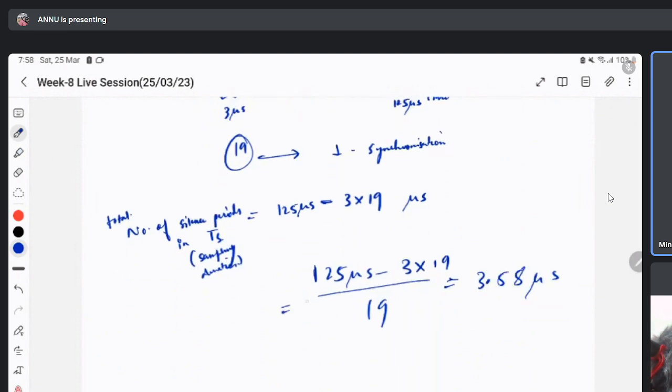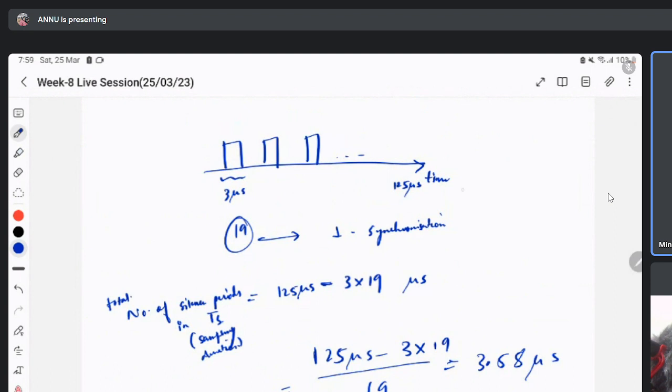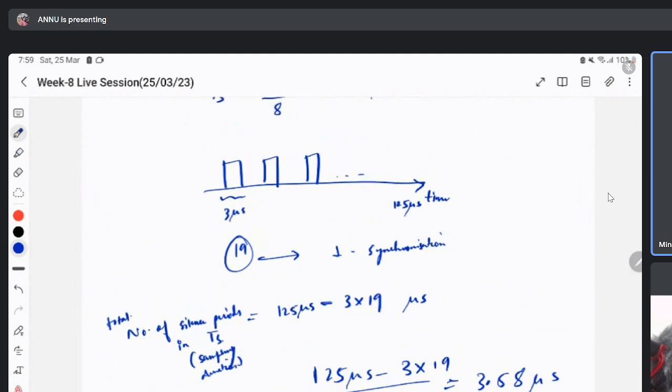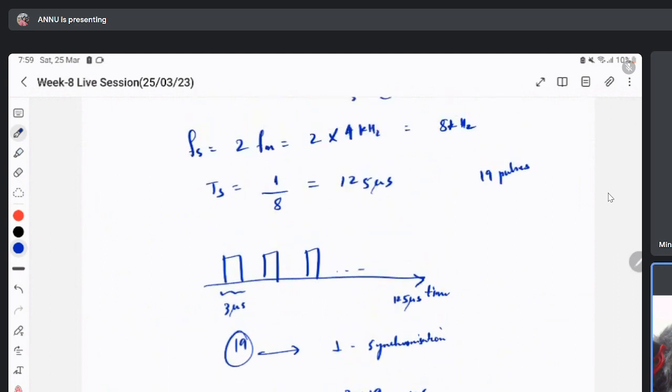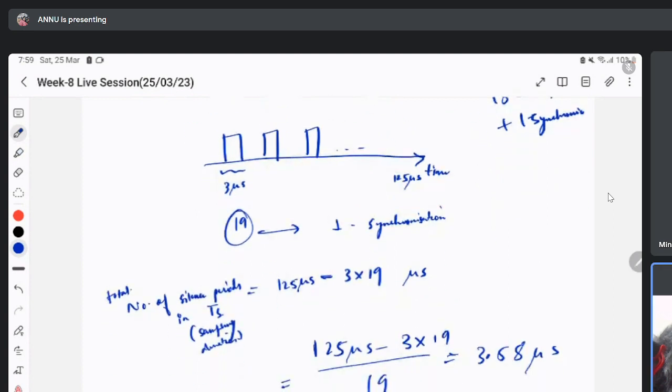microseconds. Why is this? This is all about the time domain. We'll have the pulses here for a duration of 3 microseconds, and since you have 18 voice pulses and one synchronization pulse. I knew this earlier also, but I was confused about the total number of silence periods.